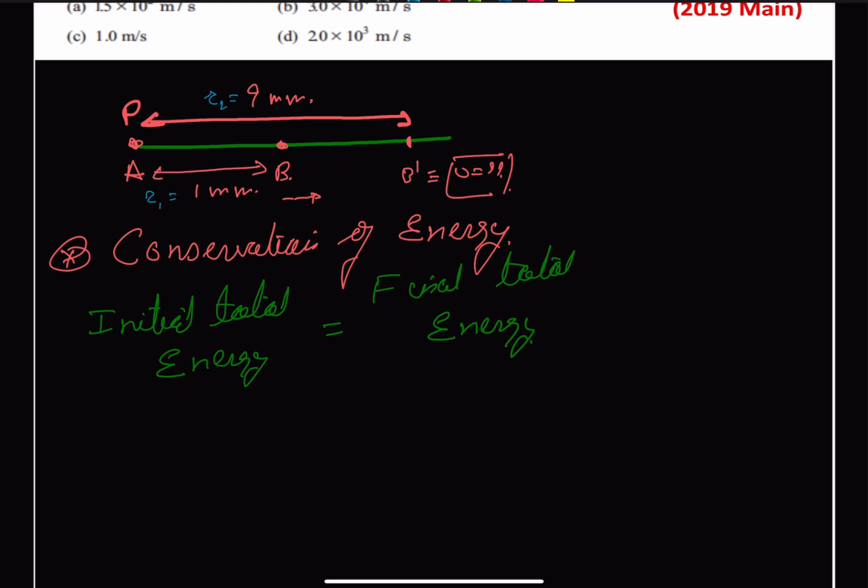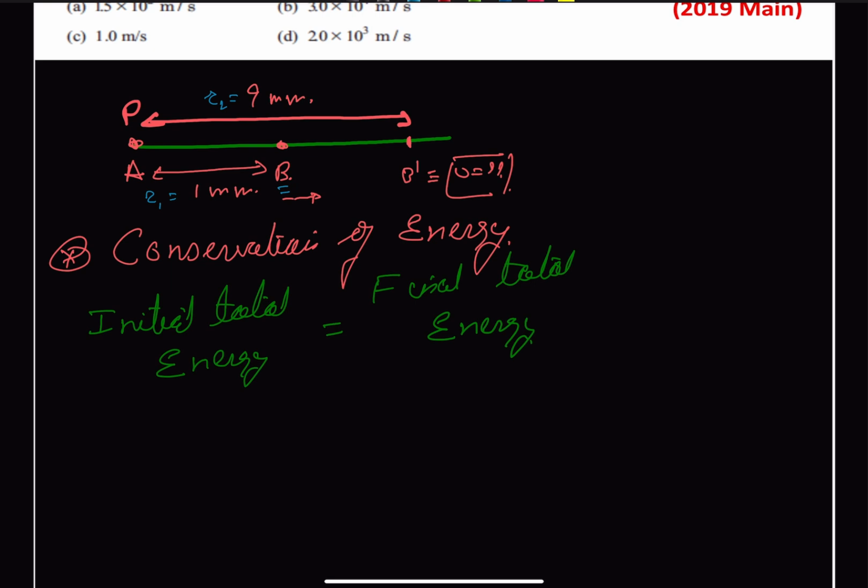So initial total energy: initially this charge is at rest, so kinetic energy will be 0, and it has only the potential energy, or we can say electrostatic potential energy.